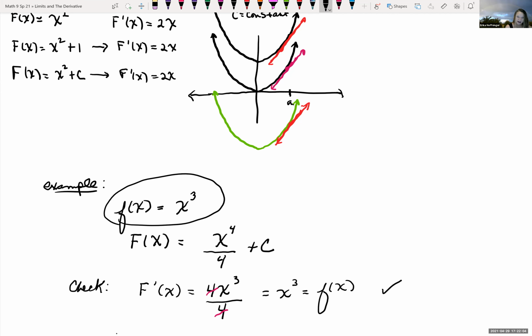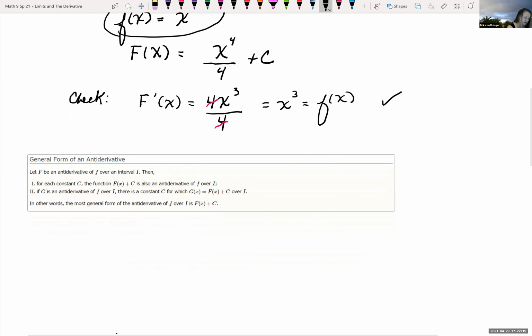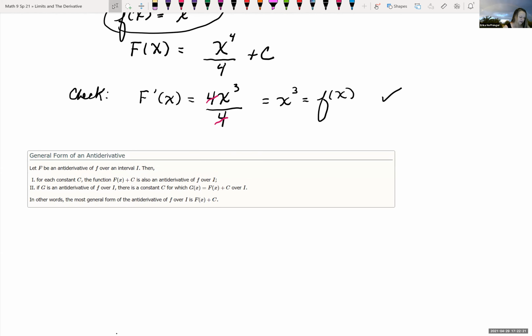So notice we added 1 to our exponent and we divided by our new exponent. And so that actually brings us to the general power rule. Before we do that, let me just talk about this a little bit.